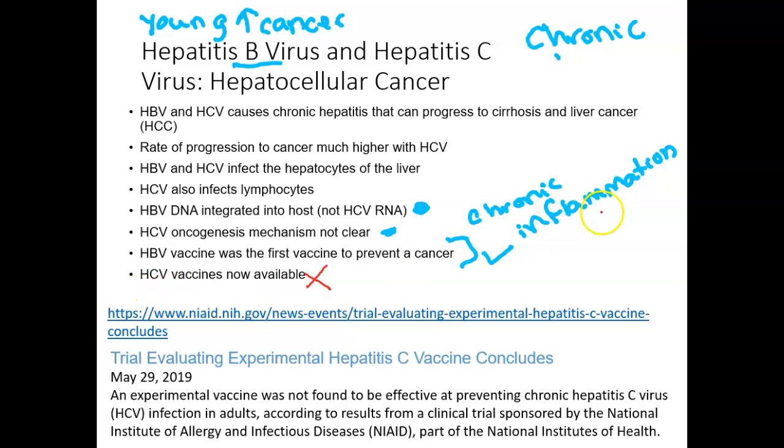One of the latest clinical trials, and there's a link here, was evaluating a hepatitis C vaccine, and this trial had been going on for a number of years, and they just recently concluded that it was not effective. So this is kind of disappointing. There are still other candidates for hepatitis C vaccines, but none of them are currently available yet.